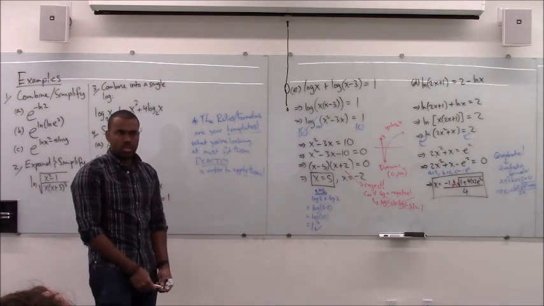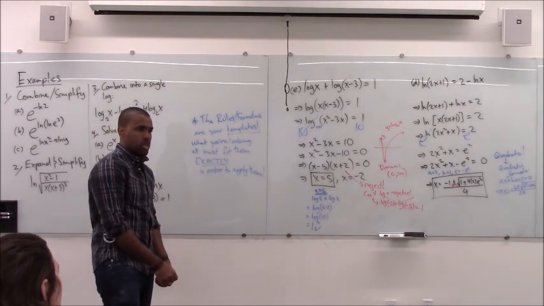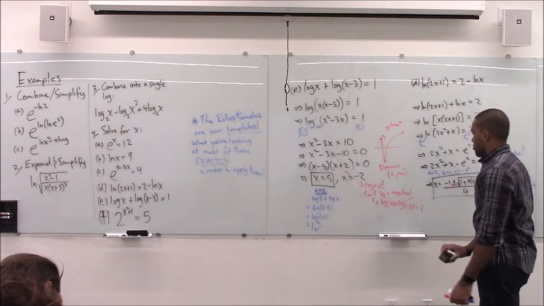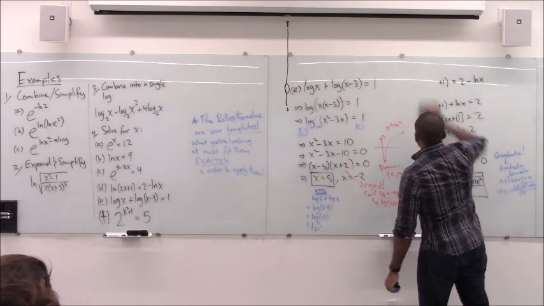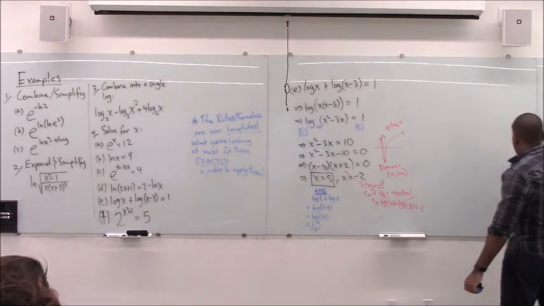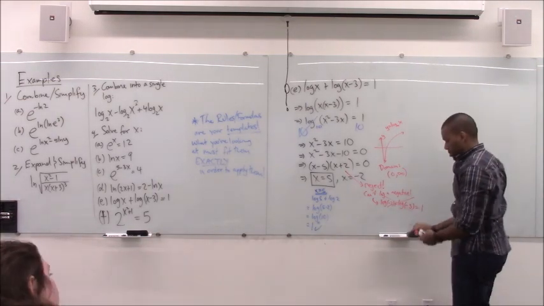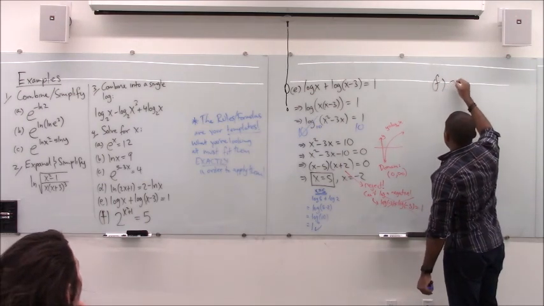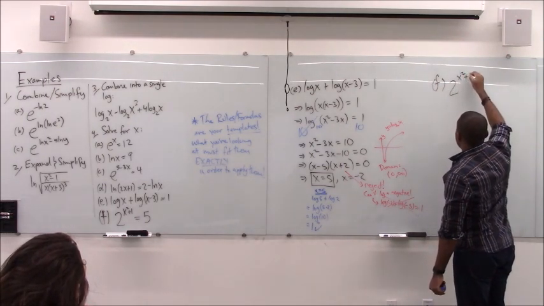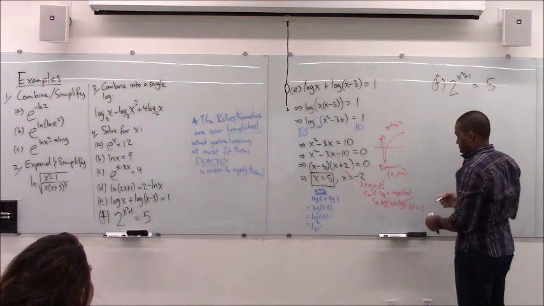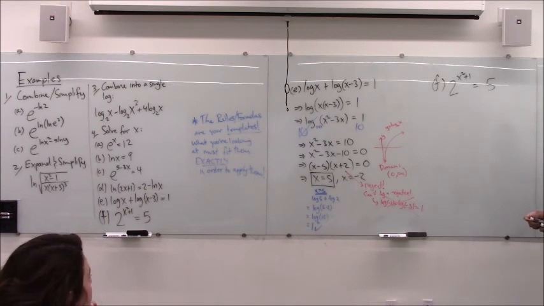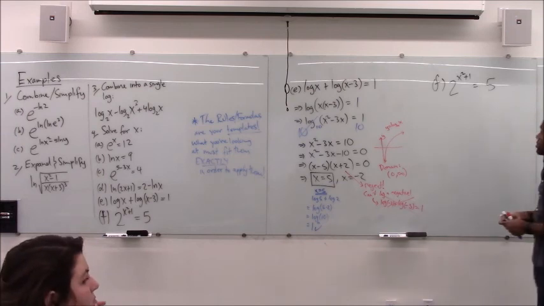Any questions on that? Okay, last one: 2 to the x squared plus 1 equals 5. How do we solve that? Log base 2.